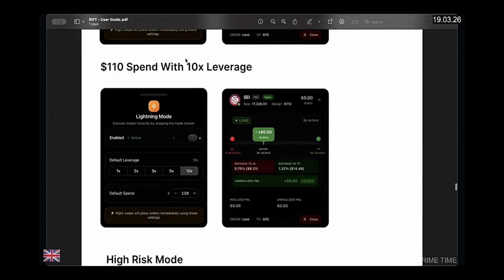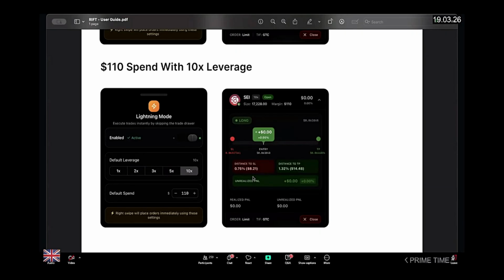So $110 spent with 10x leverage takes you to a stop loss point of $8.21 and a take profit point of $14.48. This is the contrast explanation as to how your ticket size, your default spend with leverage affects the profit, increases the profitability. And this is just one customization with lightning mode.